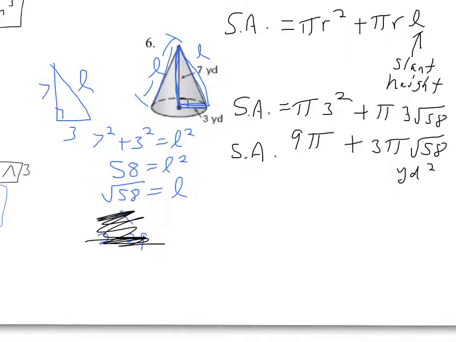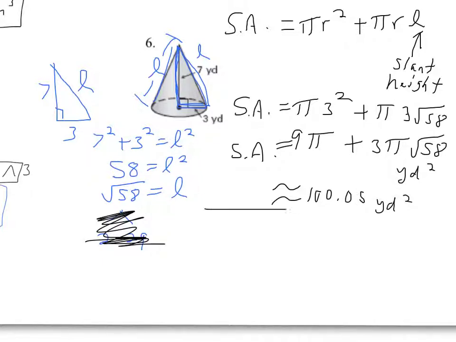So this is one where we would definitely want to give an approximate answer. If you type that into your calculator, 9 pi plus 3 pi times radical 58, you should get 100.05. That would be the approximate answer, 100.05 square yards.